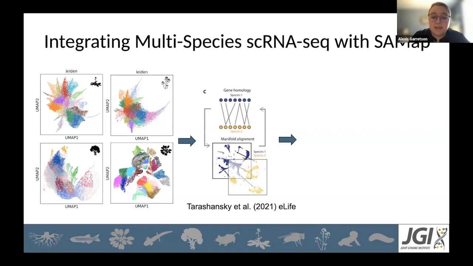So the way that SAMap does this is it initializes a graph based on sequence homology between the species that you're attempting to integrate. And so it starts out using sequence similarity between the gene sets of interest. And then it projects the data from your different species into that joint space.